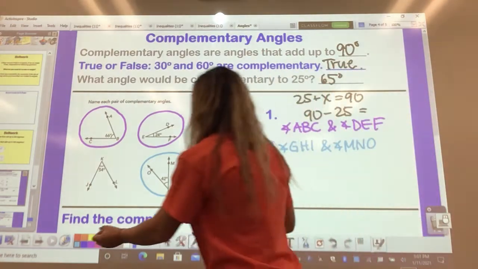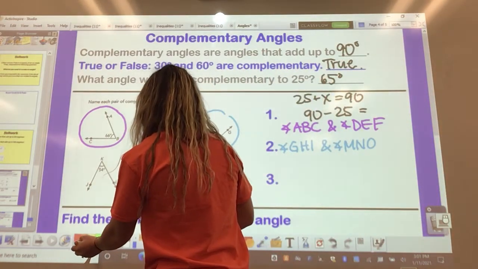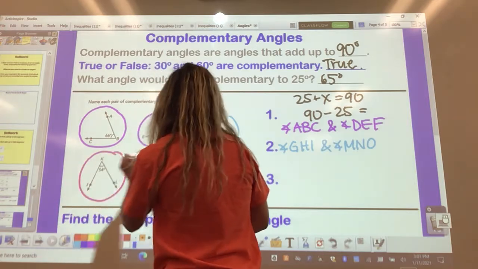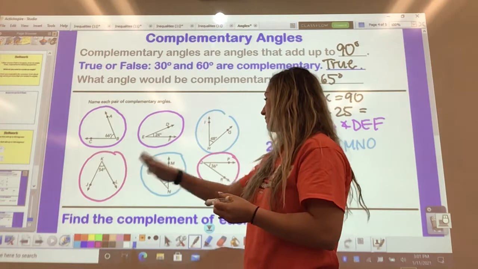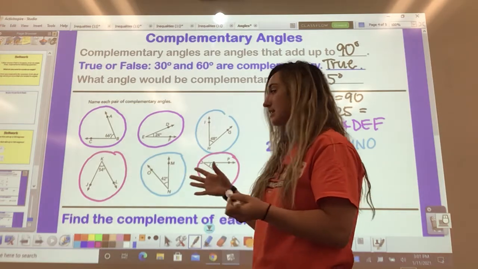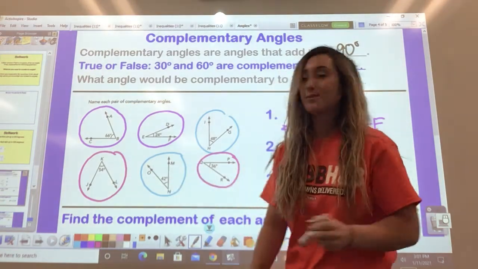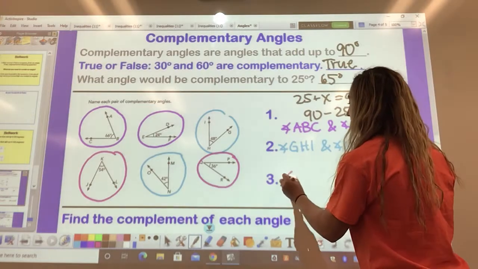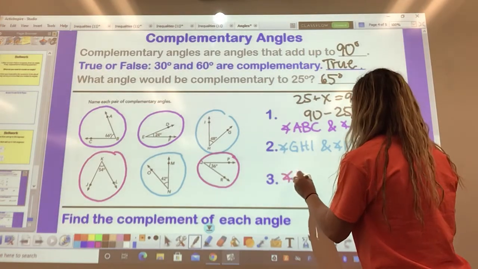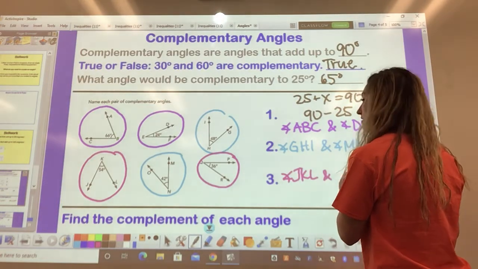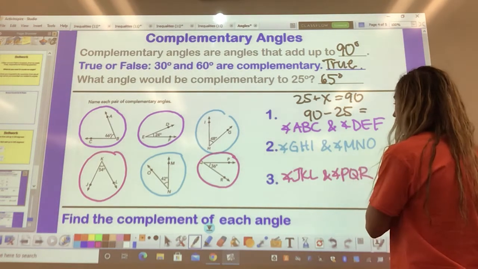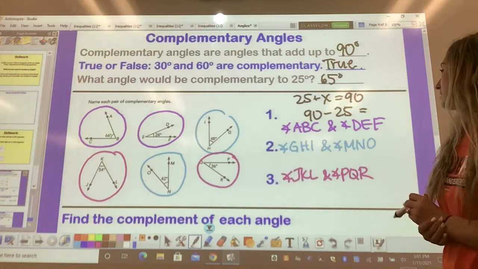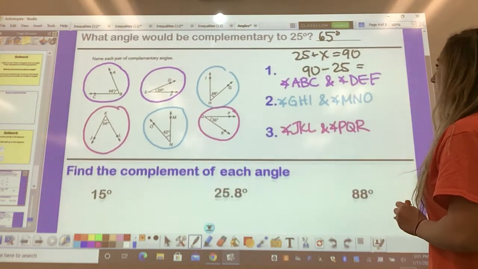All right, so that would make the last two complementary as well. But just to be sure, does 54 plus 36 add up to 90? Well, yes it does. So we know that those are also complementary. Angle JKL and angle PQR.